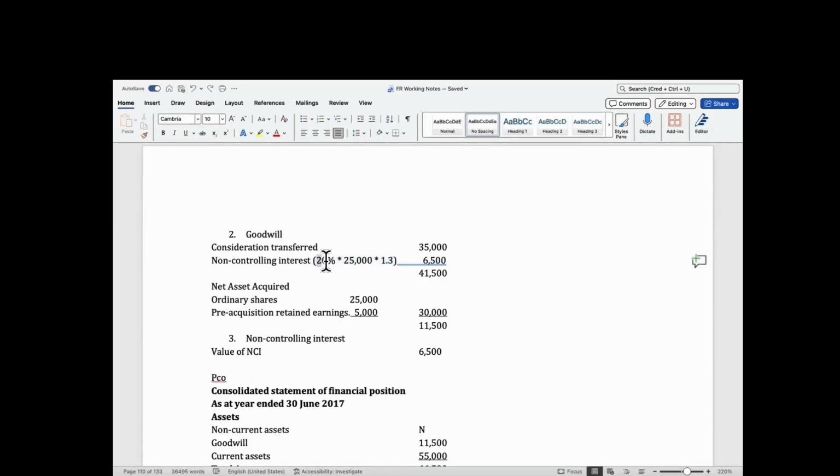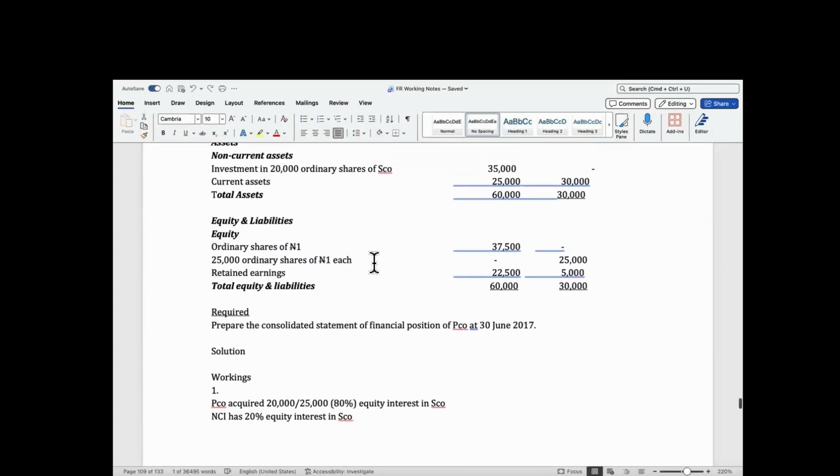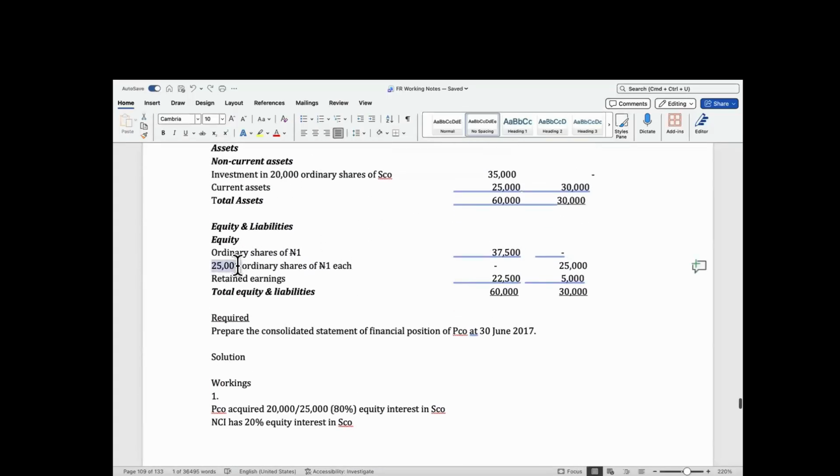Since the NCI has 20% holding in the ordinary shares of the subsidiary, if you calculate 20% multiplied by number of ordinary shares, this 25,000 is actually number of ordinary shares, not this. Is the number of ordinary shares.